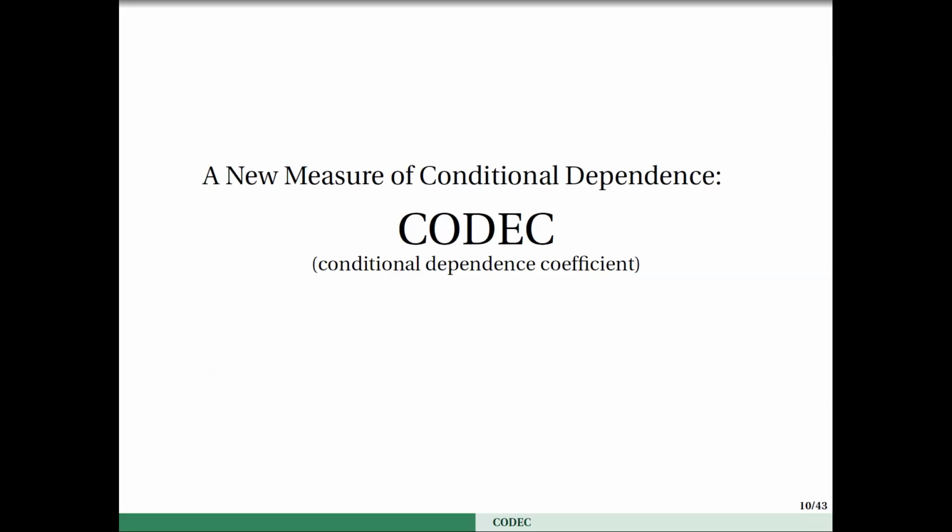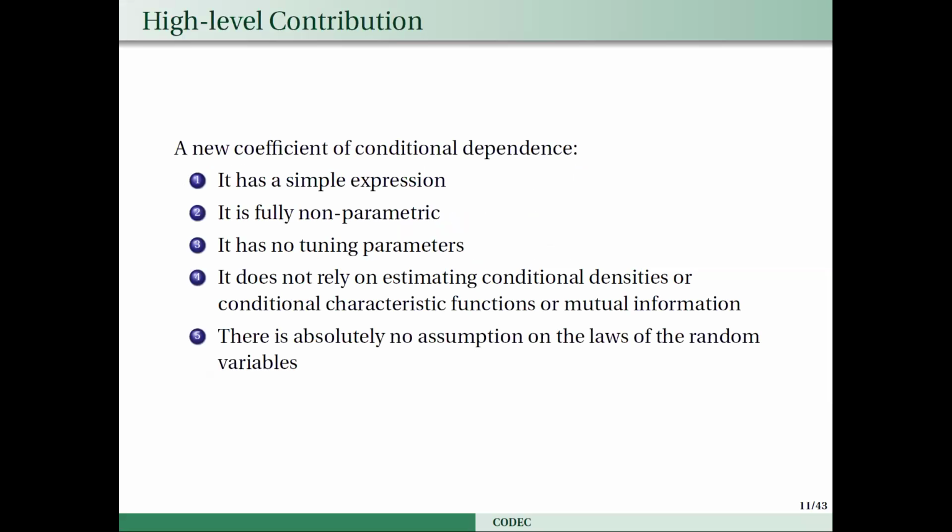The measure that I'm going to define today is called CODEC, standing for Conditional Dependence Coefficient, and just a high-level advertisement, basically. It has a simple expression. It is fully non-parametric. You don't require any tuning parameter. So whether you use it or I use it, we end up with exactly the same result.